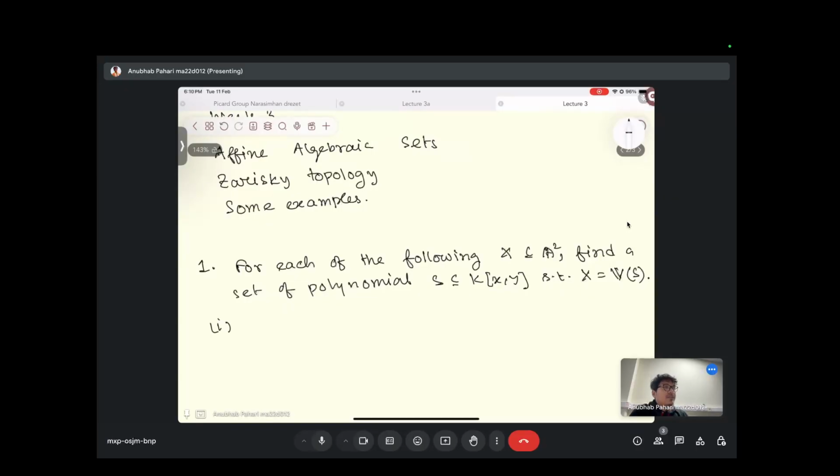First one will be X equals (0, 0), (0, 1), (1, 0) and (1, 1).